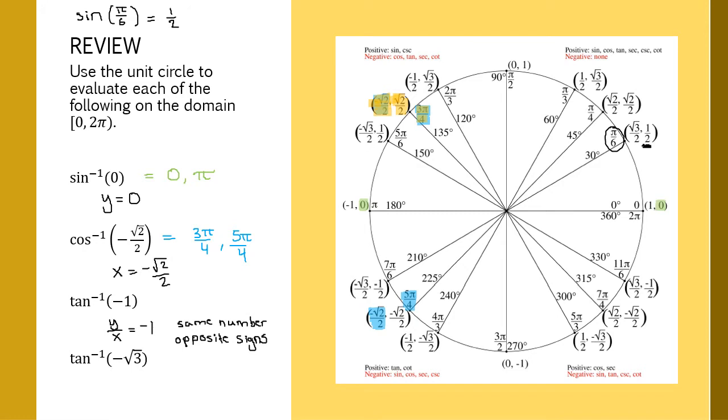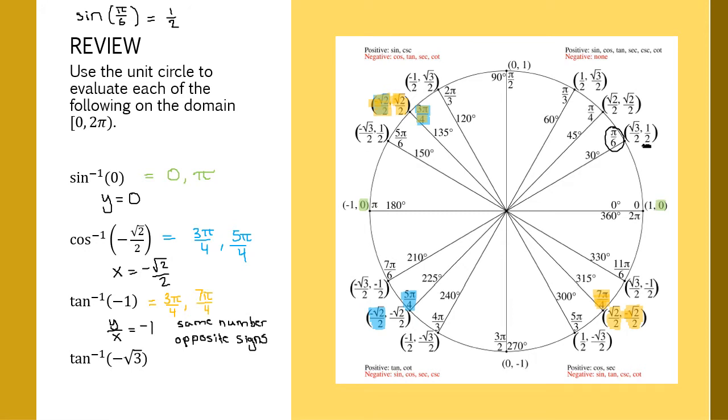And I also see this down here, where x and y are both √2 over 2, but the y-coordinate is negative. So that'd be an angle of 7 pi over 4. So the inverse tangent of -1, the places where the y to x ratio is -1, happens at an angle of 3 pi over 4, and it also happens at an angle of 7 pi over 4.